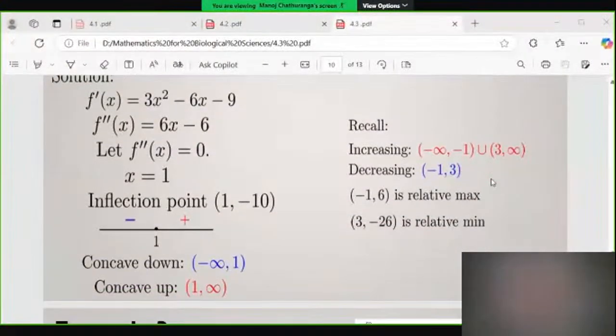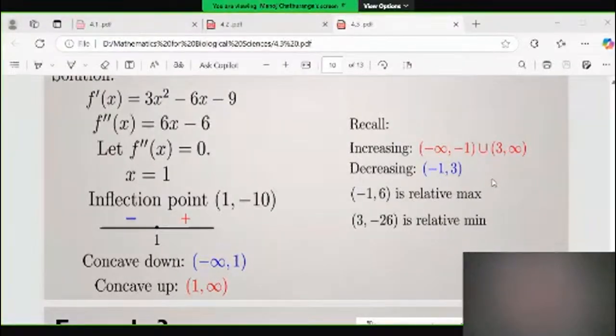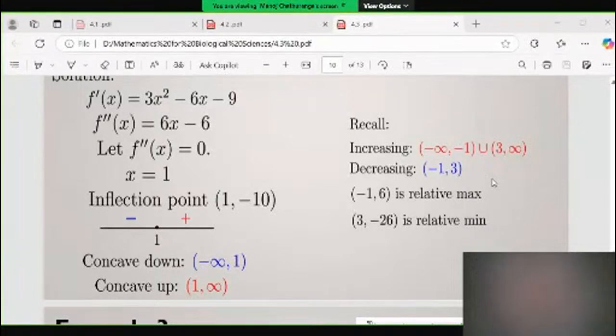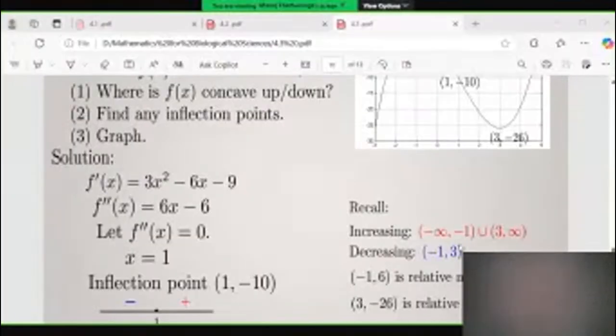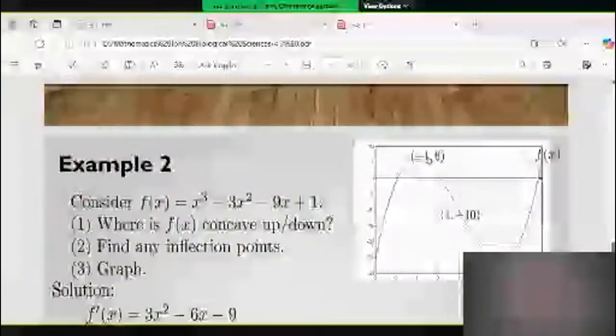So yes, here we can use this concavity to distinguish relative extreme points. Again, let's say for some function, the second derivative is also 0 at -1.